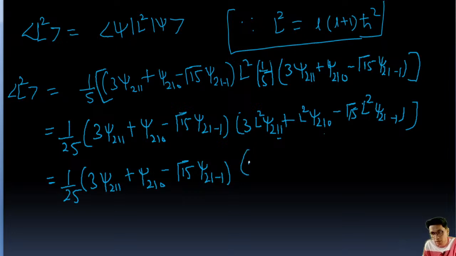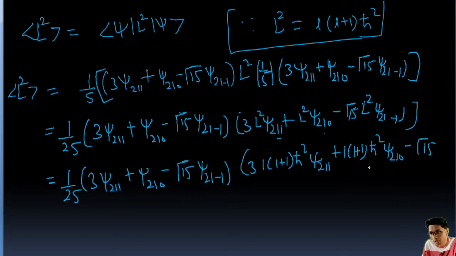And because we have operated L square with this, this is going to be this value: L is 1 here, 1 into 1 plus 1 h cut square psi 211, plus again 1 into 1 plus 1 h cut square psi 210, then minus root 15, and the value of L is 1 here as well, so 1 into 1 plus 1 h cut square psi 21 minus 1.